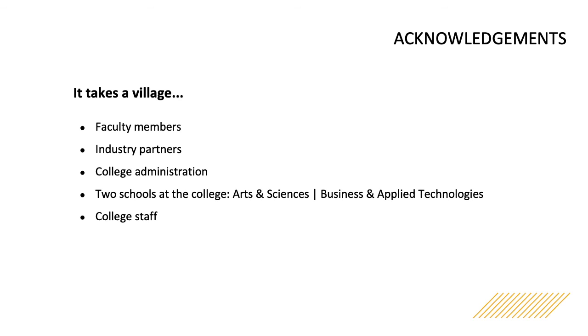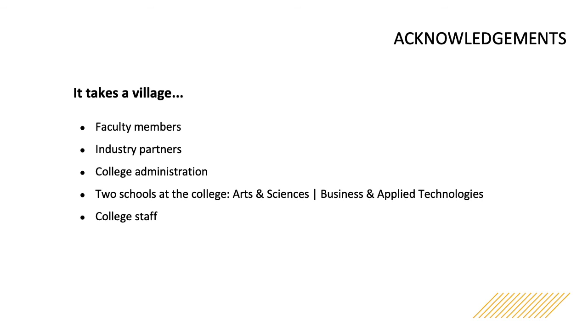It turns out it takes a whole lot of people to coordinate and create a new degree and collaborate together to make it happen. Not only the faculty members who started the project, but also the industry partners, because without their support, it wouldn't have happened.